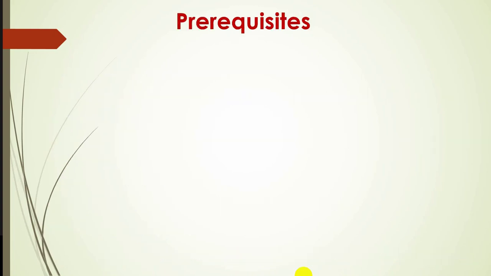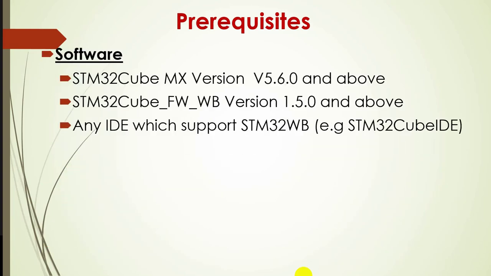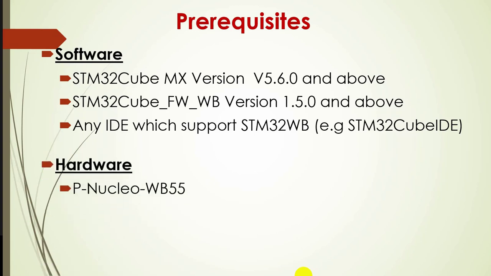So here are some prerequisites that we need. We need software: STM32CubeMX version 5.6.0 or above, and the STM32Cube firmware library package for STM32WB version 1.5.0 and above. Any IDE of your choice; I am taking the example with STM32CubeIDE.